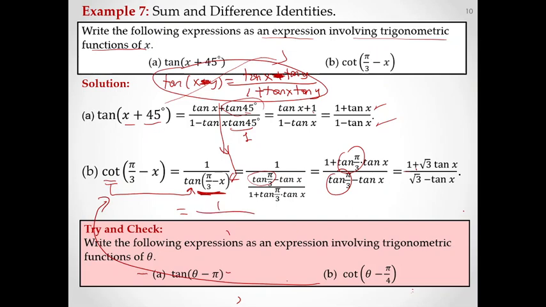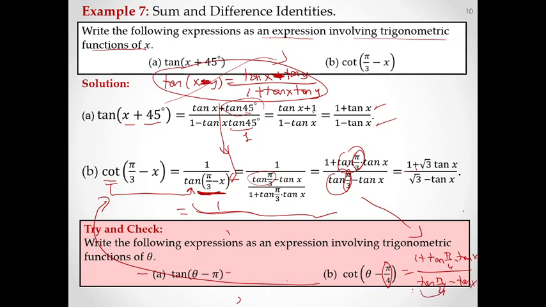I am not sure what we will get here, but instead of pi over 2, I mean, I'm going quick, so you can follow these steps here with pi over 4, and you will have 1 plus tangent pi over 4 tangent x divided by tangent pi over 4 minus tangent x.